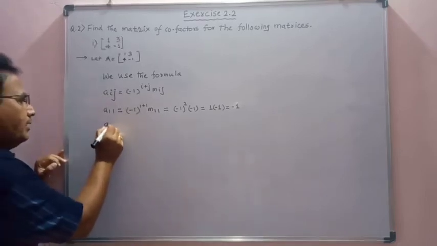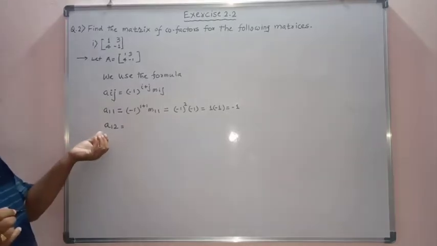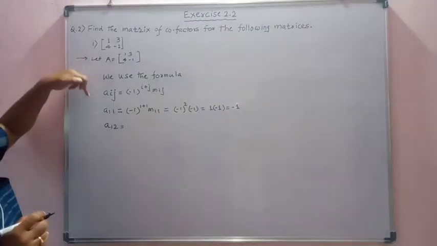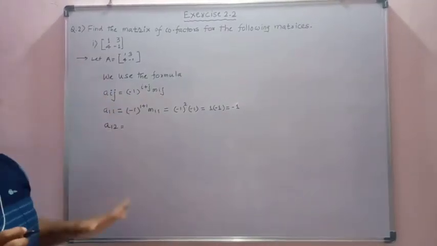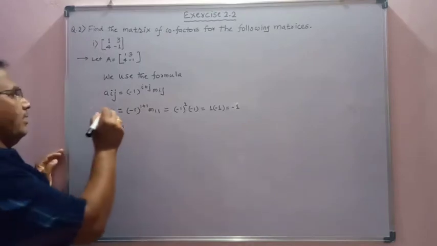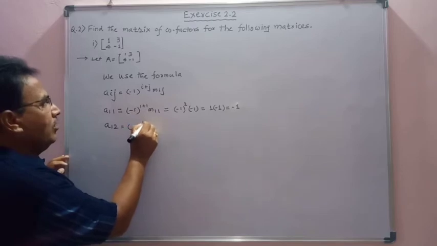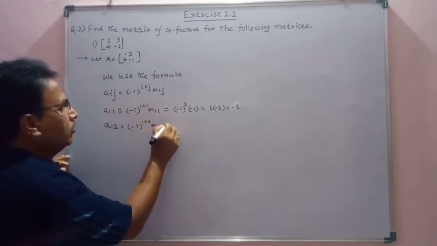The second cofactor is A12, first row, second column. This is the second cofactor of the first row. A12: we use the formula Aij equals minus 1 raised to i plus j into Mij. The value of i is 1, the value of j is 2, so Mij means M12.